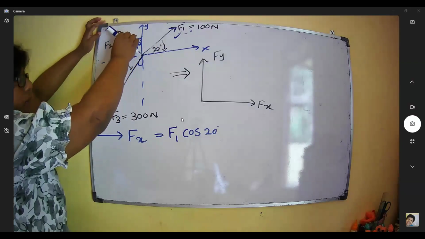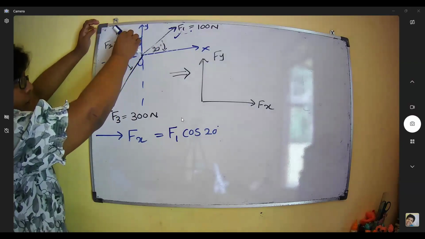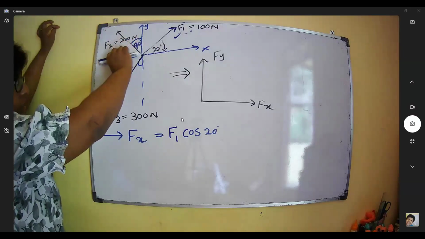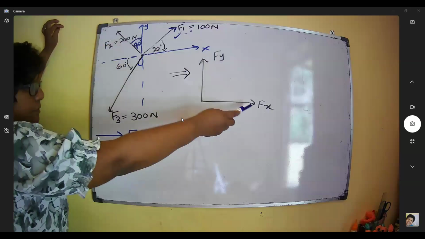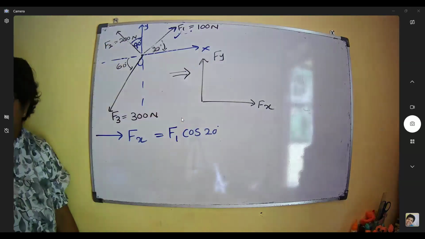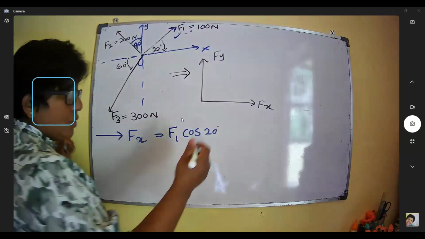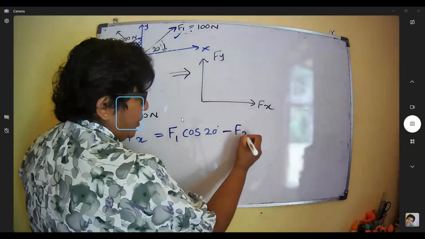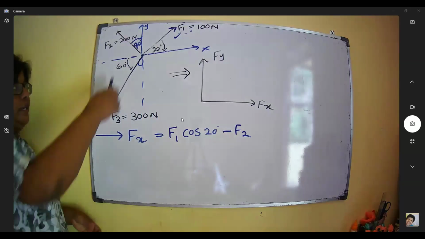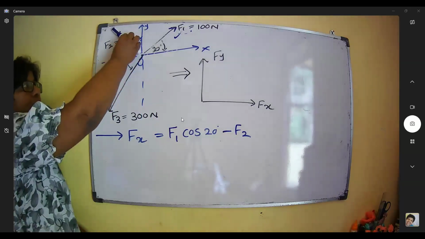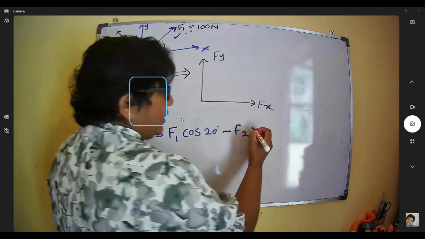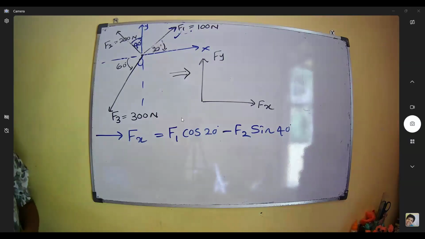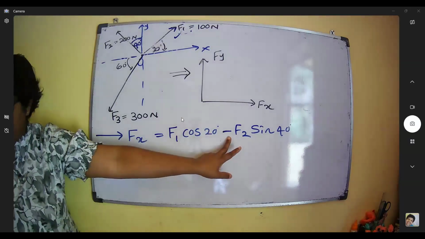The Fx part of F2 is on the left-hand side, but we consider the right-hand side as the positive direction. So this should be minus F2, but the angle is not swept through 40 degrees, so we write 200 sin 40. Is it clear? This is important: the minus sign comes here.